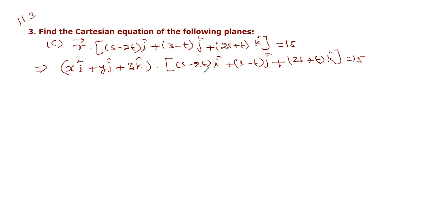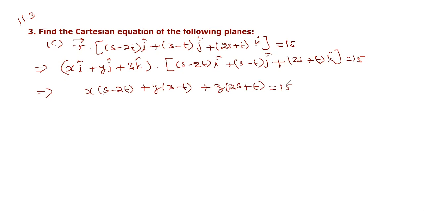Dot product means the coefficients of i will multiply together. x will multiply with s minus 2t, plus y will multiply with 3 minus t, and z will multiply with 2s plus t is equal to 15.